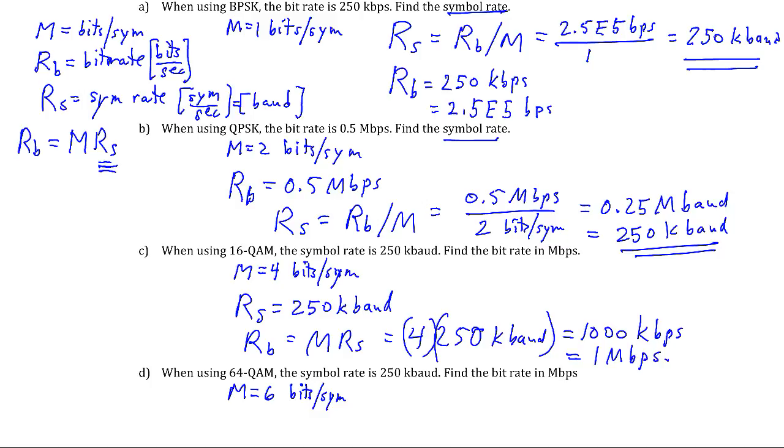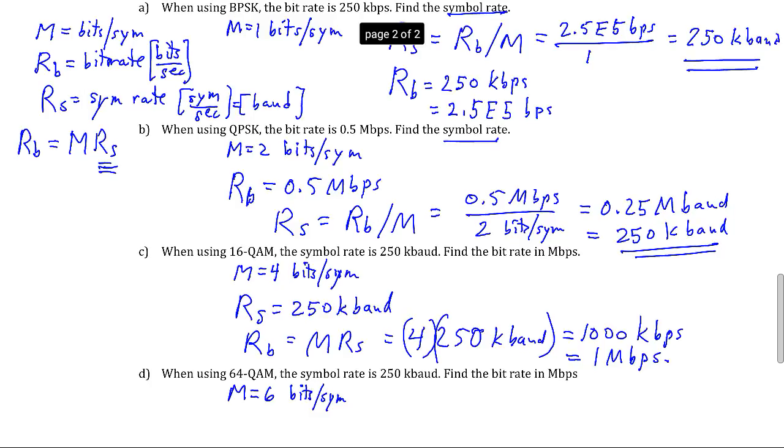Okay, so as we go from BPSK at 250 kilobits per second, we go to QPSK, we get half a megabit per second. We go to 16 QAM, we get 1 megabit per second.